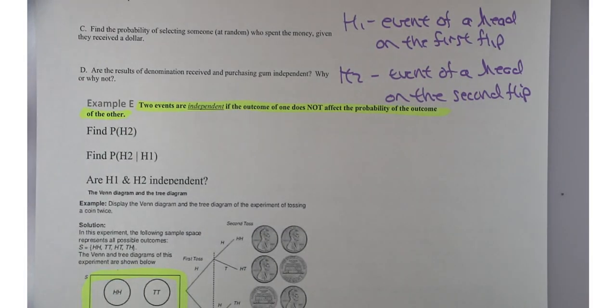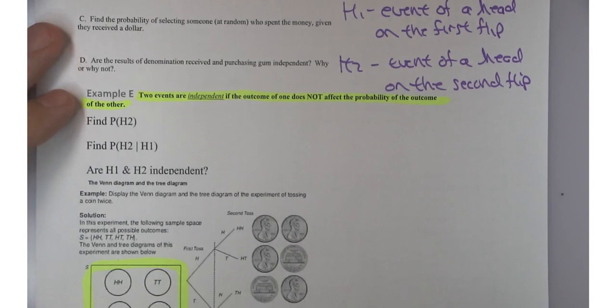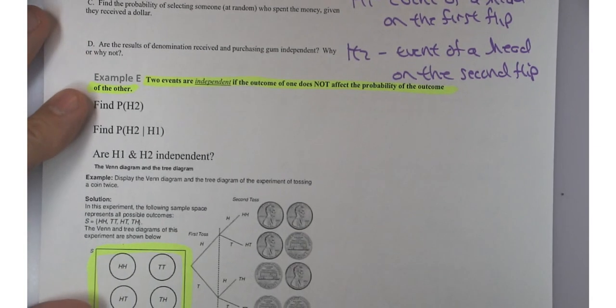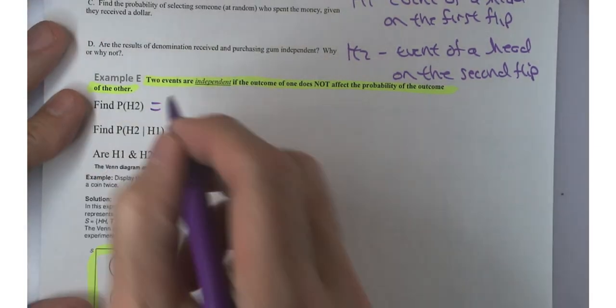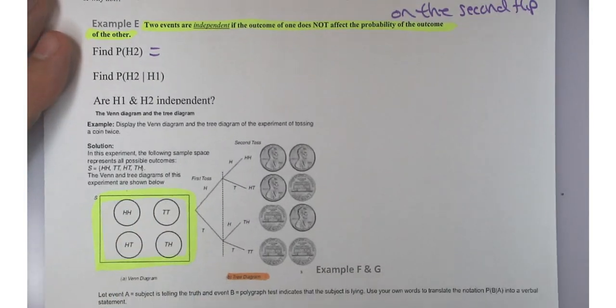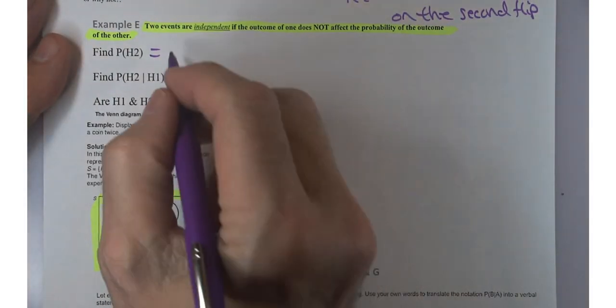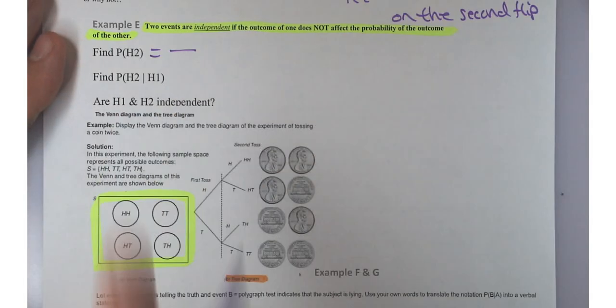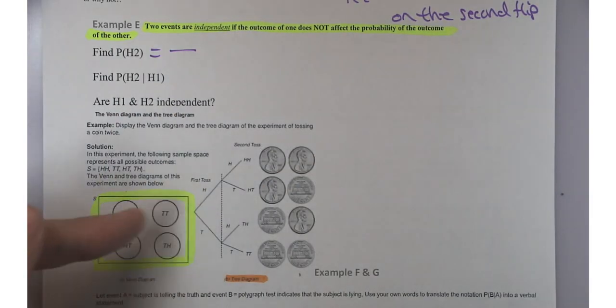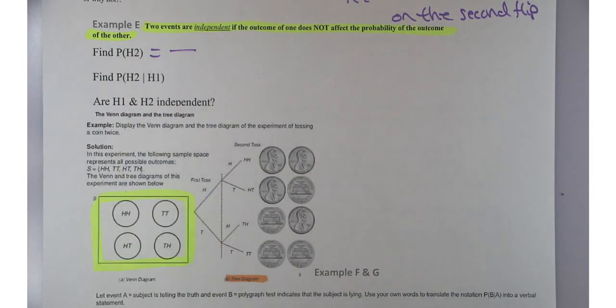I want to look at a couple different probabilities here. Let's start with the probability of H2. And we'll do that from our Venn diagram down here. Now I can get away with this because each of these points in the sample space is equally likely. But how many possible outcomes are there for this experiment?